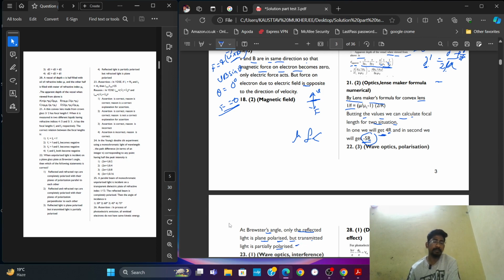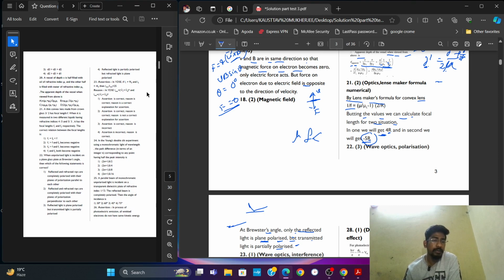This is according to Brewster's law. That means the reflected ray is polarized, but the transmitted ray is not fully polarized, it is partly polarized. That means option 3 is correct.